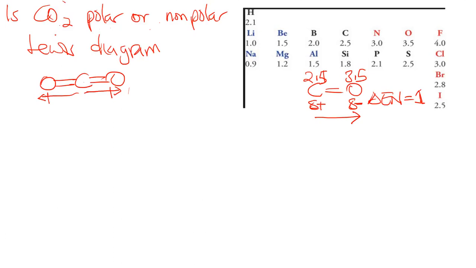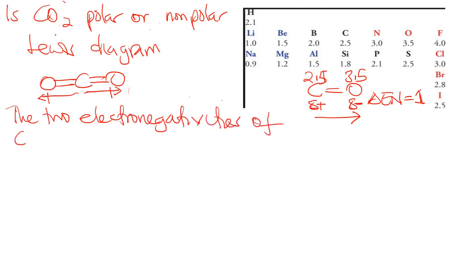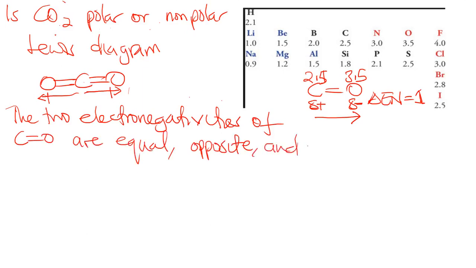They are equal and in a straight line. So the electronegativities of C and O are equal, opposite and in a straight line. That tells you that this molecule is symmetrical.